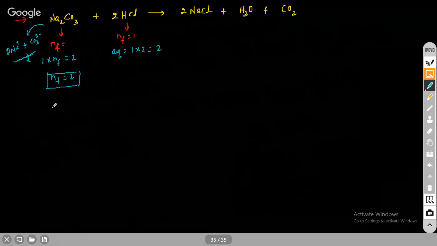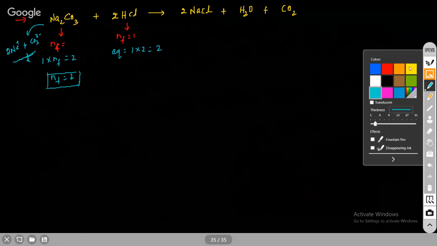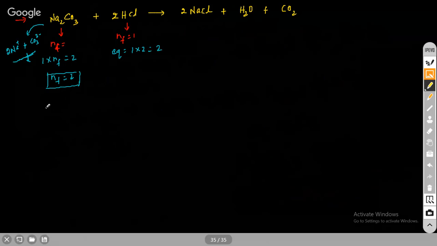Now like this also one more reaction I can write, and the reaction is this: Na2CO3 plus HCl gives NaHCO3 plus NaCl.